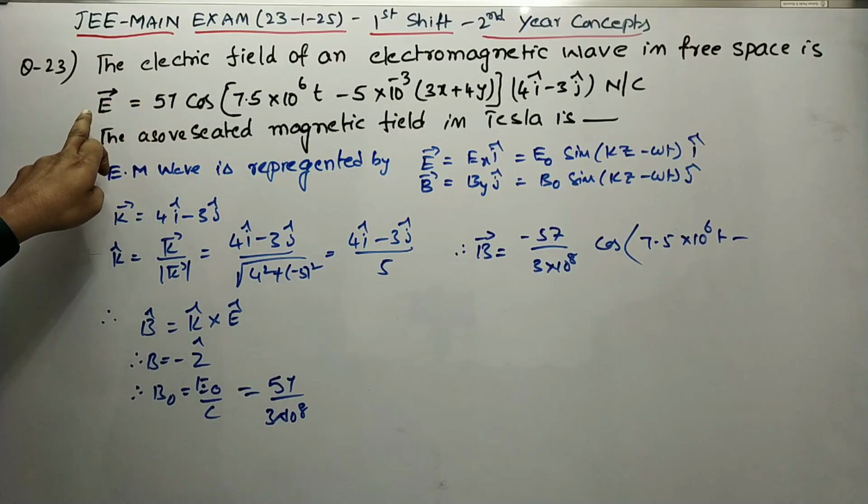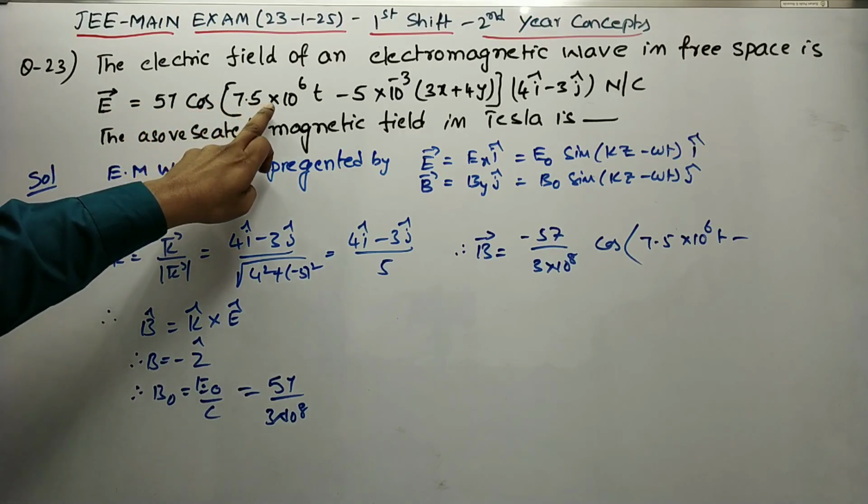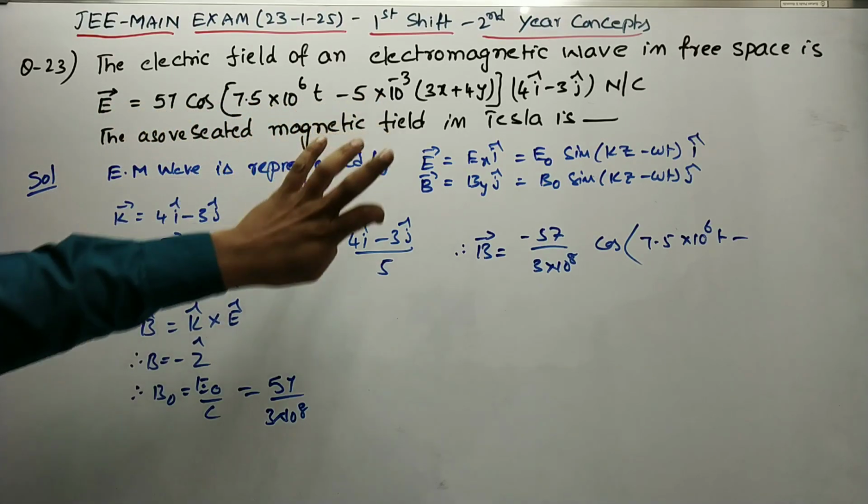Similarly, B bar is equal to B naught cos kz minus omega t.